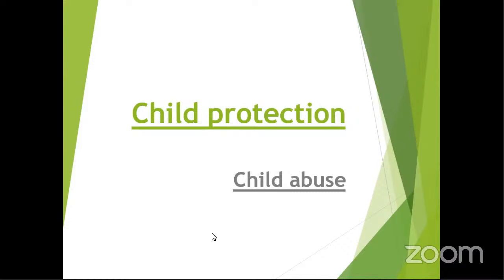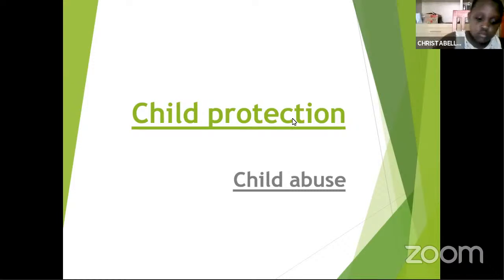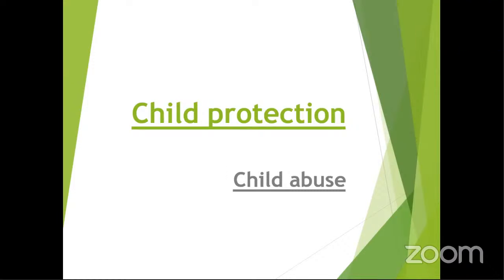As simple as that. So let's take a look at what we have to write about child abuse, because this is what we have been talking about. What is child abuse? Here is the definition.